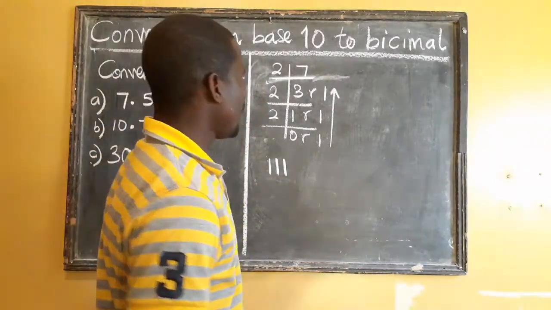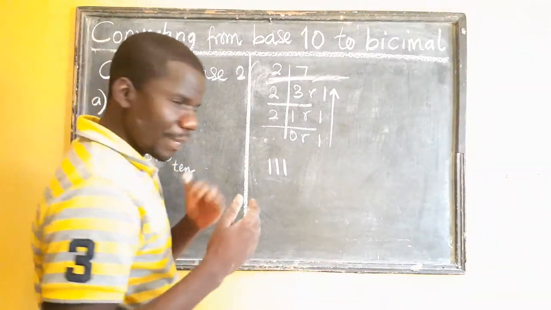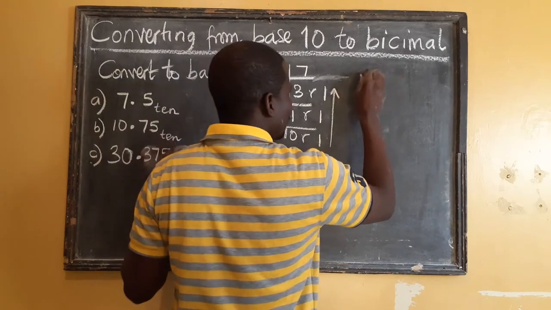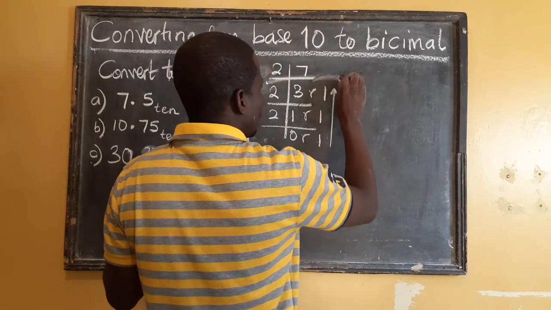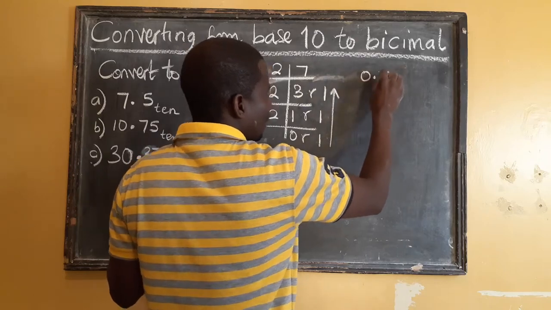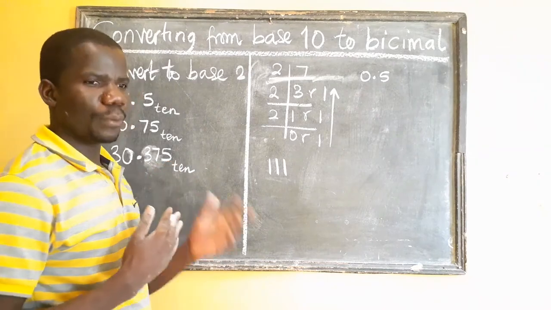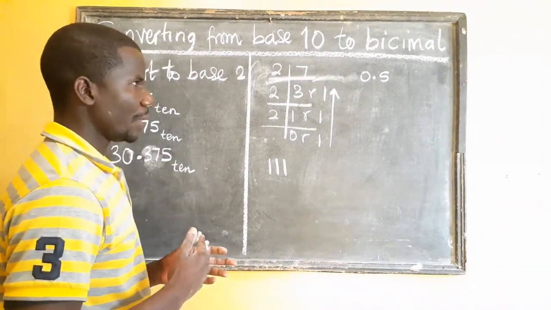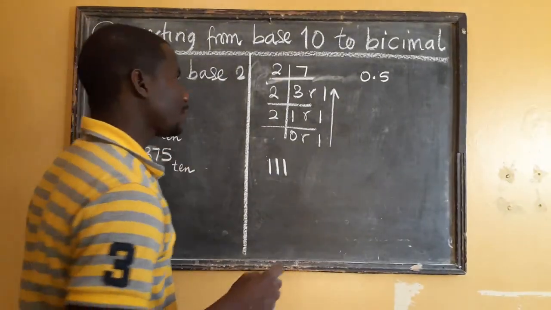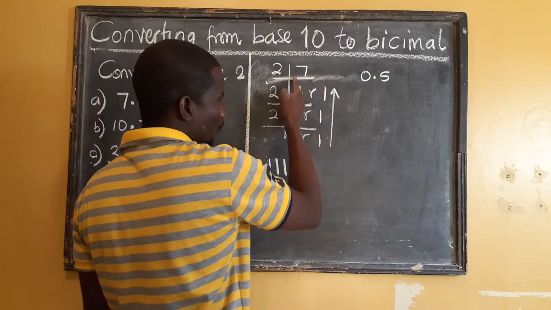Now, remember, we have the other part. This is why I want you to pay attention. The other part is a decimal number. So I'm going to take it as 0.5. Now, we'll actually do the opposite. Here we were dividing by 2.